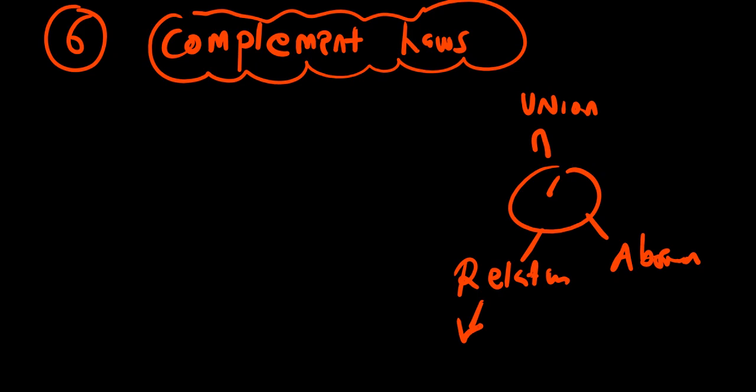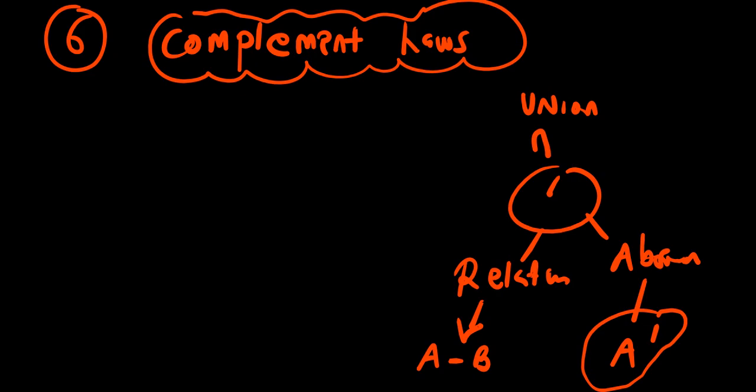Now a relative complement is not a full complement. If I say A minus B, and if I say A complement, this is very different. Why? Because if I go for the absolute complement, it means we want everything that is not in A. That's A complement.